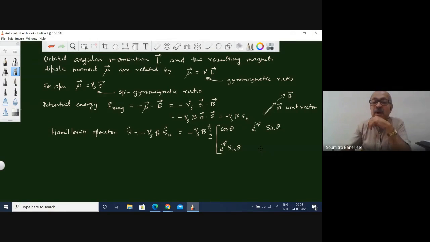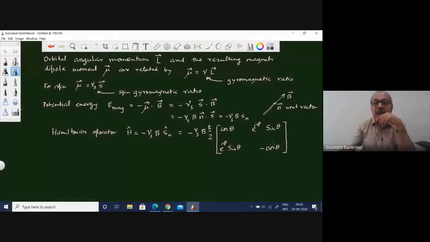This one was minus cos theta. Okay, so we have obtained the Hamiltonian operator for a particle with spin. The Hamiltonian operator comes out to be this. Like any operator in the spin domain, all operators are 2 by 2 matrices, so things are simple.